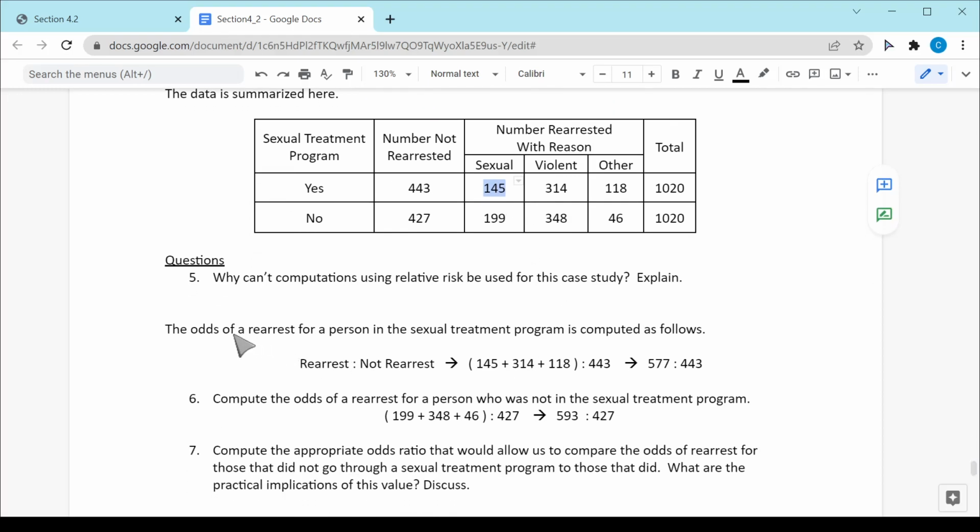So instead of computing odds of a rearrest, what we would compute is the odds of a rearrest for a sex crime, and then do the odds of a rearrest for a sex crime down here and compare those two odds ratios. That might be better than what we did here with that 1.06 number. I'll leave that up to you guys, though. If you want to play around with that and look at that, you certainly can.